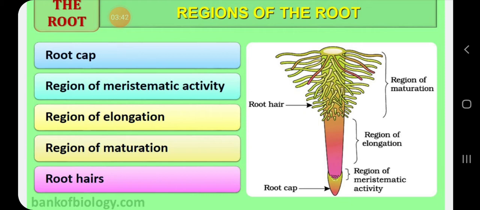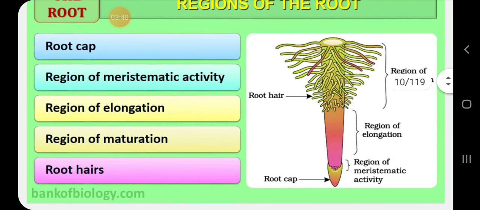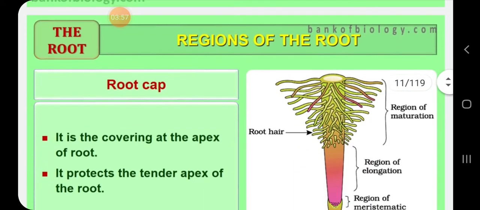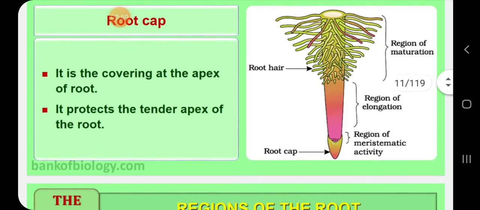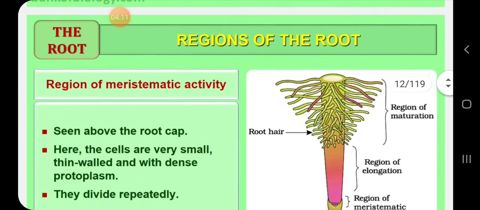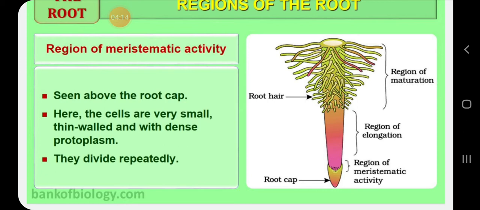The root cap is the covering of the apex of the root, which protects the root apex. The meristematic region divides rapidly, has very dense protoplasm, and the cells are very thin walled.